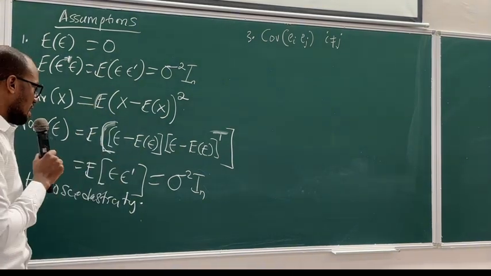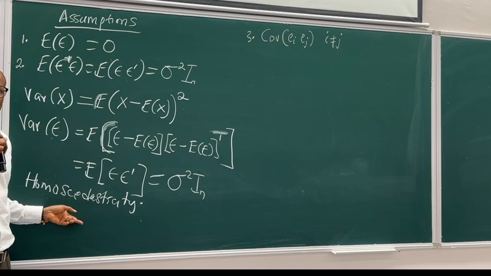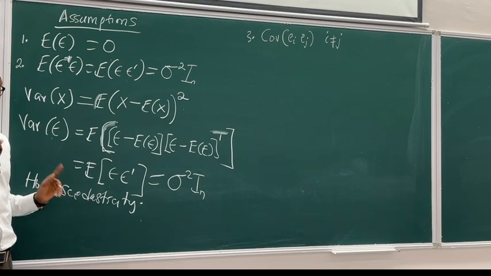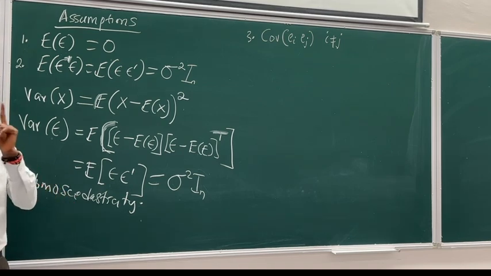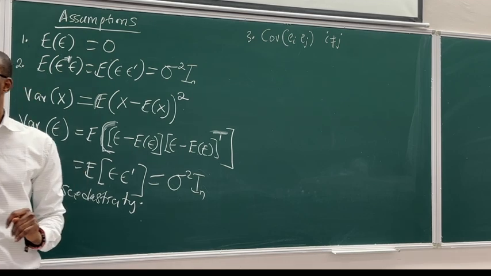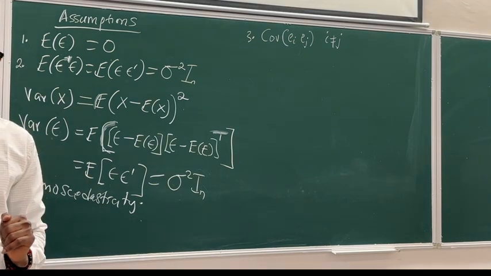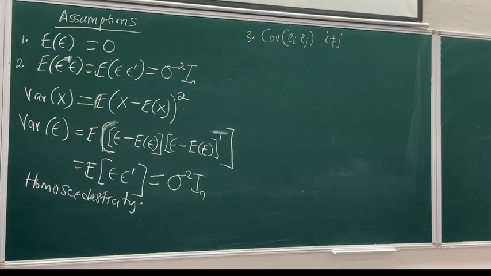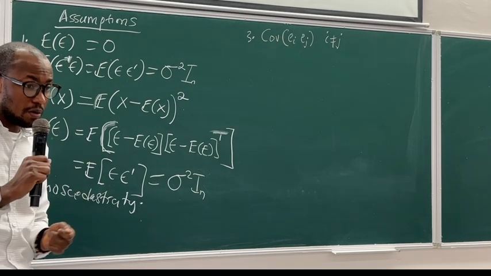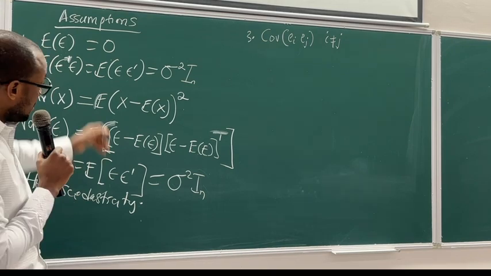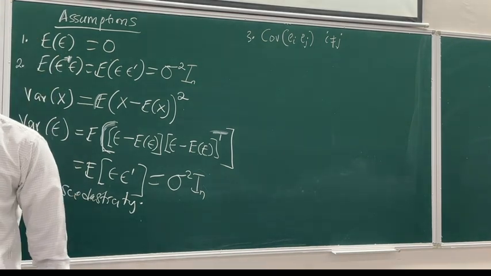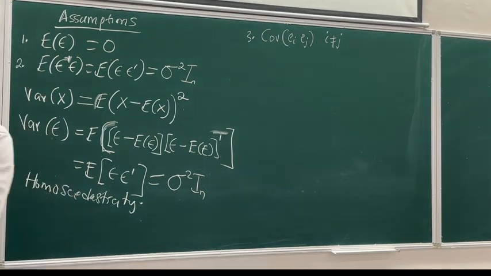Just like the problem of heteroskedasticity, the problem of autocorrelation has serious consequences for our regression model. If you're applying regression in your research, you have to check that these problems are not present. Else, the results and recommendations you give will be very wrong. So that is why these assumptions are so important.